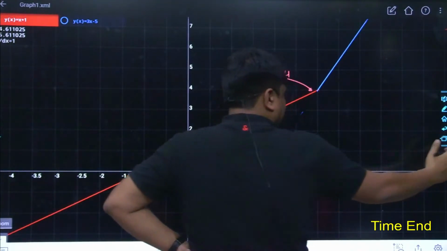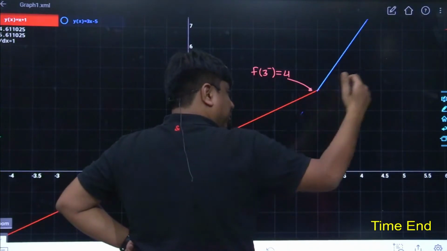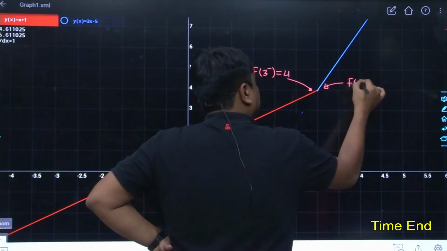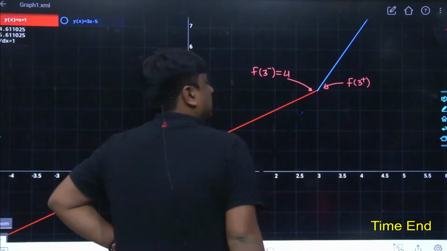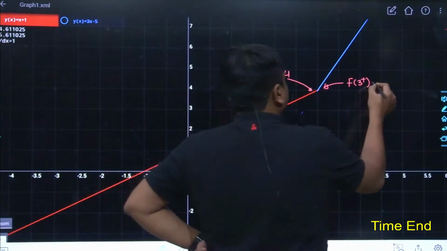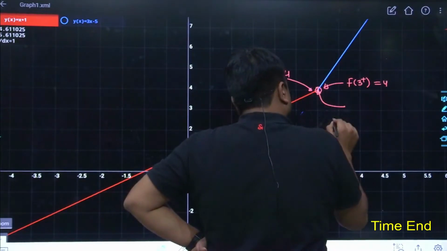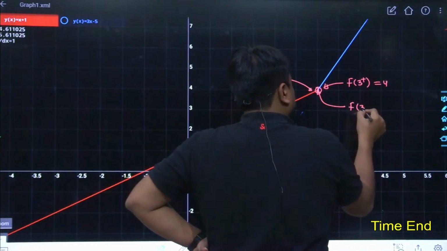And similarly, if you have been approaching x is equal to 3 from the right and you had stopped yourself just after 3, f of 3 plus had also been the same value, 4, and they were joined at this point. But it is also clearly given that the worth of the function precisely at 3 is also 4.